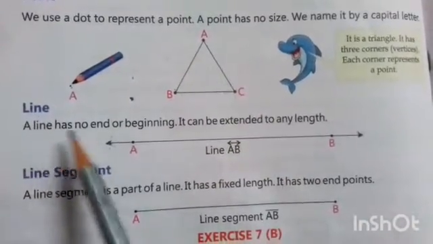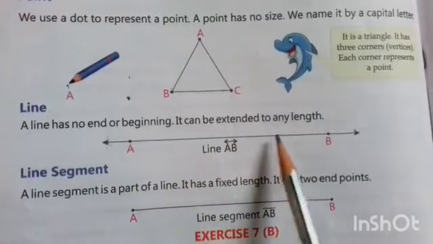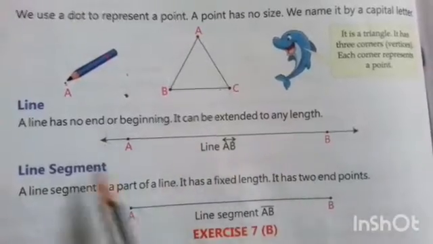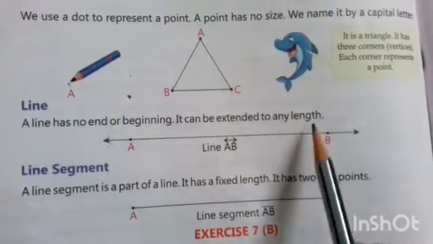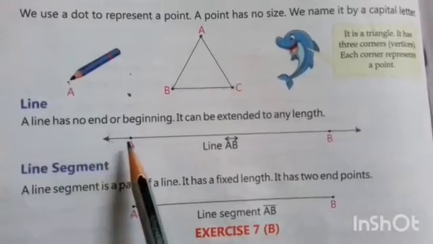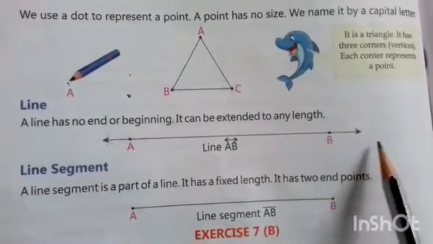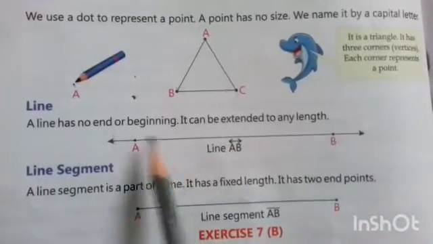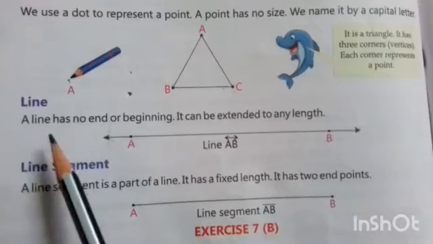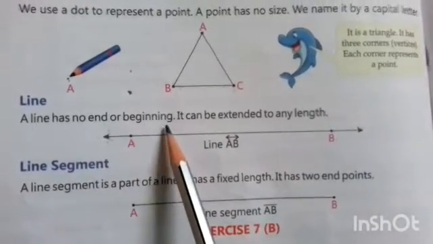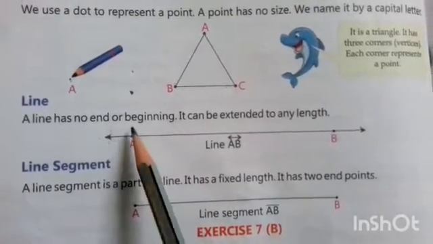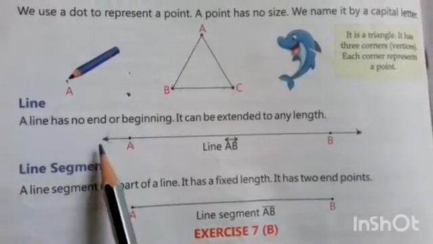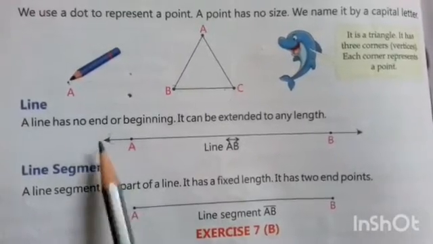Now line: a line has no end or beginning, it can be extended to any length. So the line here has no end and no beginning, okay. It can be extended to any length. From the corner it can be extended more and more. The line can increase even further from here, okay. It also has no length. The line becomes clear if you are given clear information, like draw a 5 centimeter line, draw a 2 meter line, draw a 3 meter line, so you make that, okay.